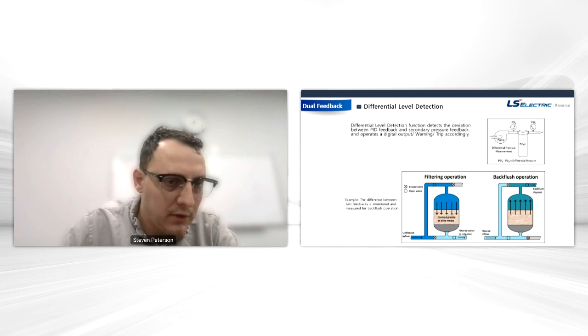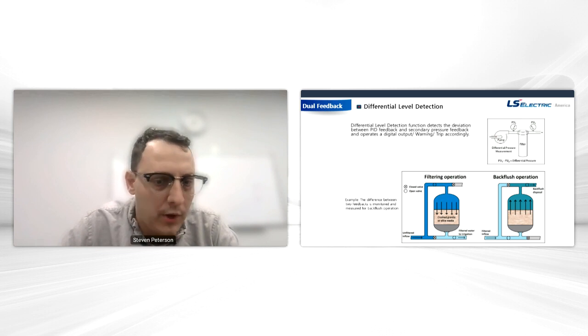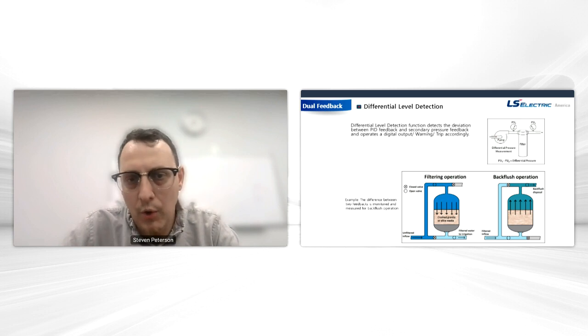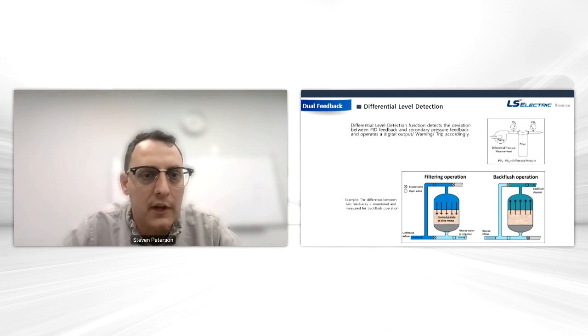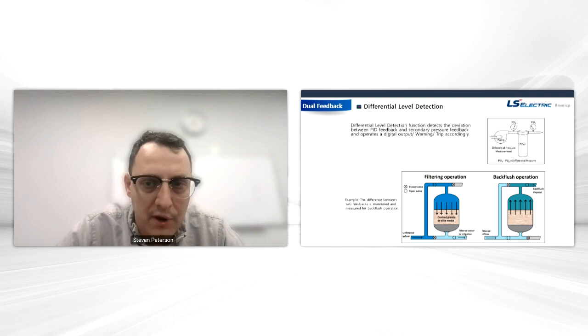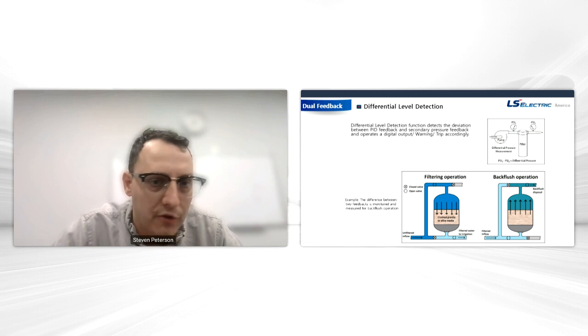Similarly, with dual feedback, we could do a differential level control. If anybody's ever running something where you have two transducers, one before a filter, one after a filter, that's advantageous because you could use that to detect if there's some buildup, some clog in the filter. If there's a big enough pressure differential, we could trigger a digital output on the drive to run a backflush operation.